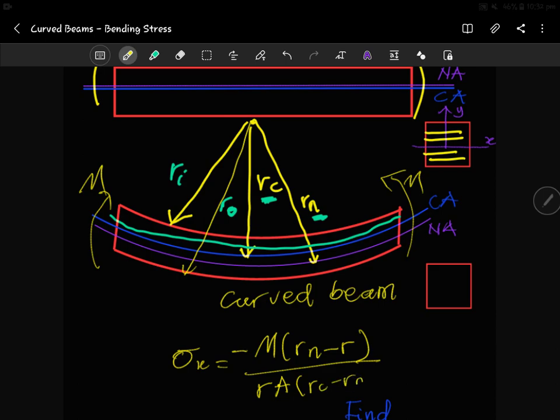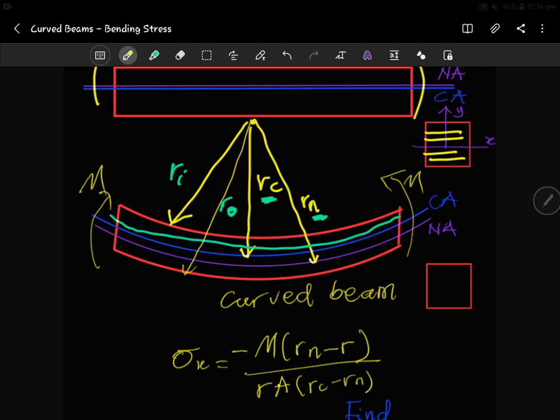Rn we've said is the neutral radius, right? R is where we want to check the stress, that's the R here again. The A is the area, the M is the moment applied, RC is the radius of curvature, and Rn is the distance from the center of curvature to the neutral axis, right?